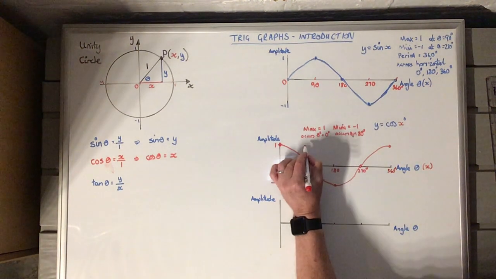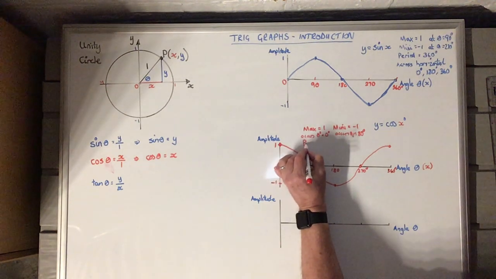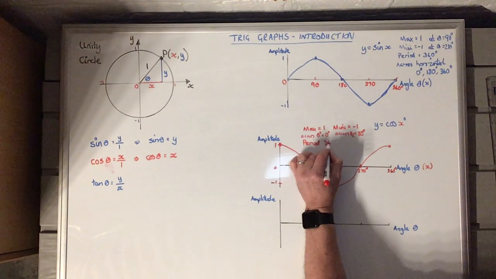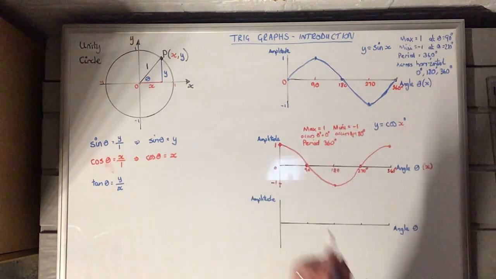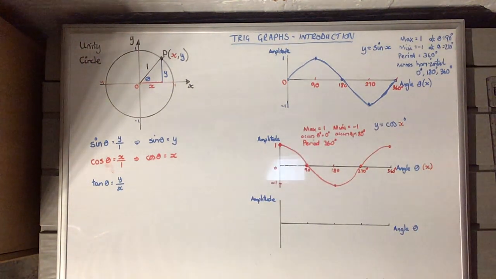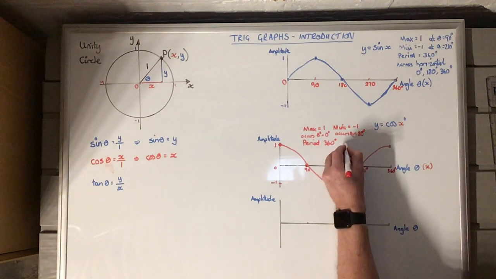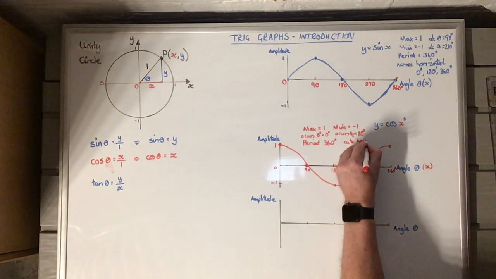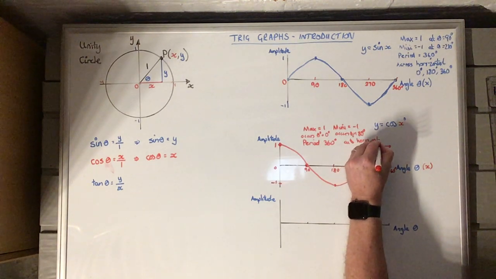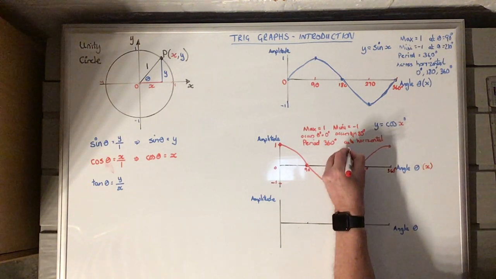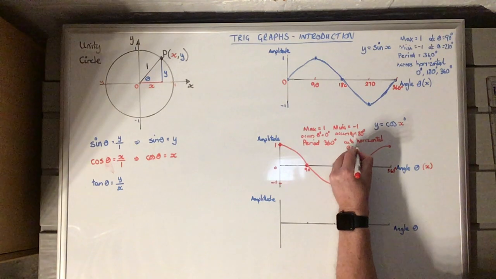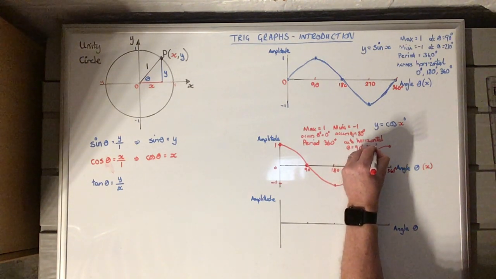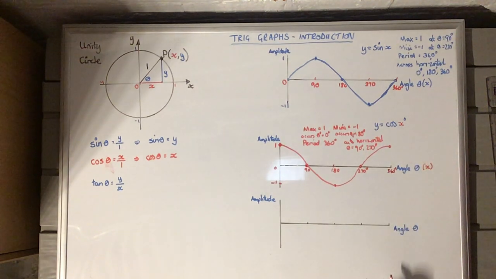The period of the wave is 360 degrees, round a full circle, and it cuts the horizontal axis at theta equal to 90 degrees and 270.